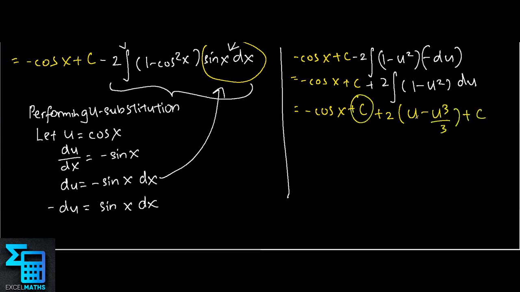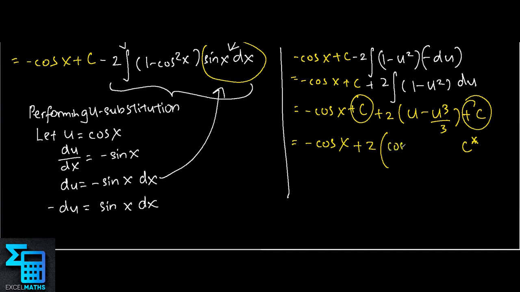Okay, so first thing, we can combine the two c's together. We call it c star. Okay, it's just a constant, but you do not know what the constant is. And then this is negative cosine x, correct? Okay, so plus 2. Now we sub back u equals cosine x into the equation.